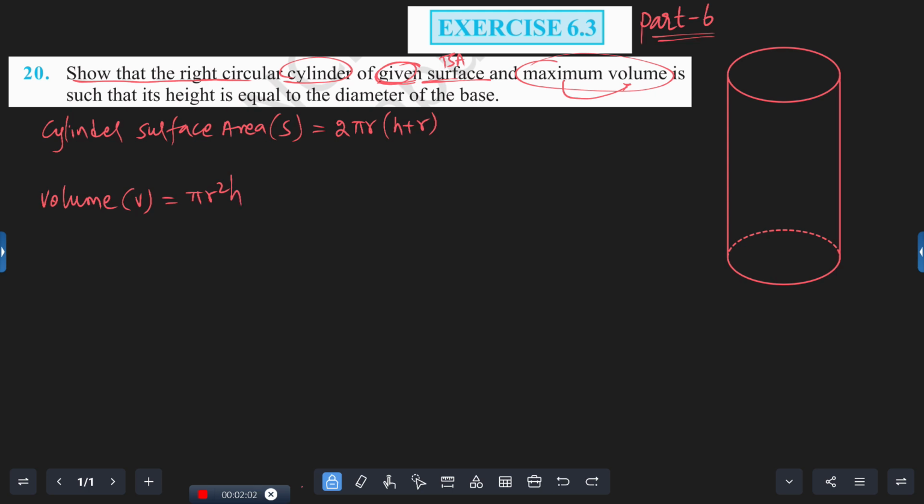Such that, what do you have to prove? Height equal to the diameter of the base.